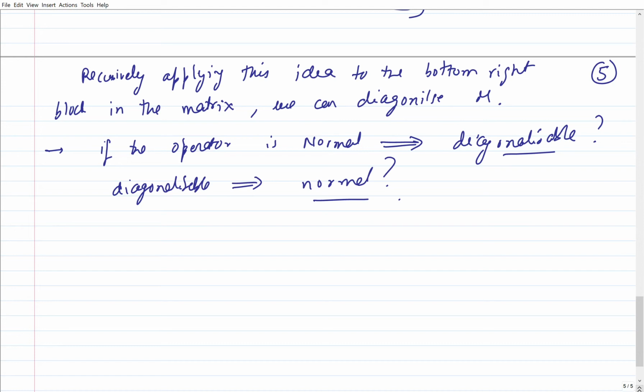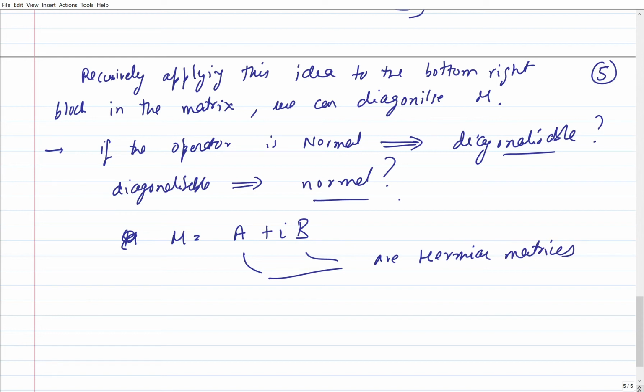See, one suggestion is to decompose any matrix. Let's say I have a matrix M. I can always decompose a matrix into two parts, so I can write it as A plus iota B, where A and B are Hermitian matrices.